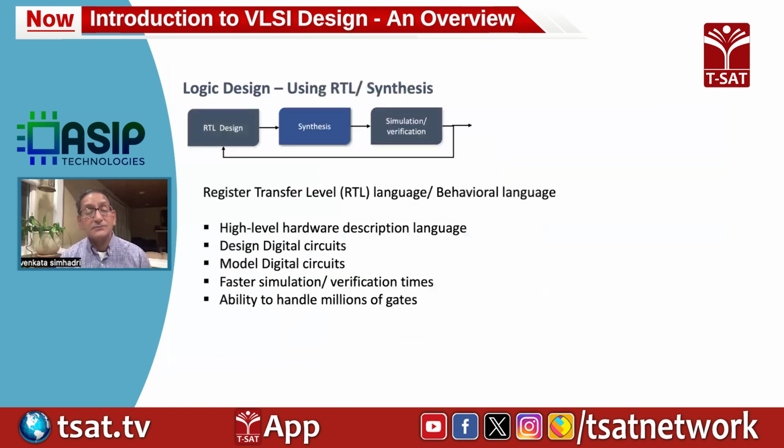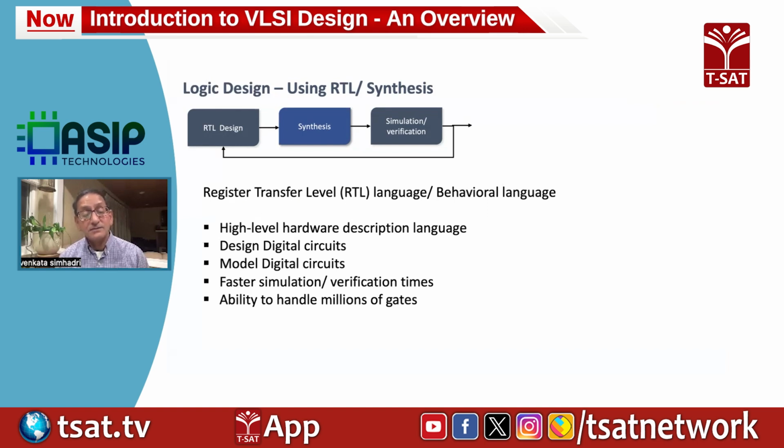But fast forward, we started using something called an RTL language to design the digital circuits. RTL stands for Register Transfer Level language. People also call it behavioral language. So basically, it's a high-level hardware description language. It is used for designing digital circuits and also modeling the digital circuits to simulate them and make sure they meet your behavior and functionality.